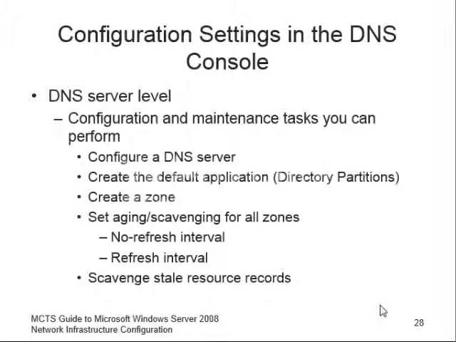The following are configurations and maintenance tasks that you can perform on the DNS server level. You can configure a DNS server, you can create the default application or directory partition that we talked about before, you can create a zone, set the aging and scavenging for all the zones, scavenge stale resource records, update server data file, clear the cache of the server, and launch the amazing tool that we all love but at the same time hate, NSLookup.